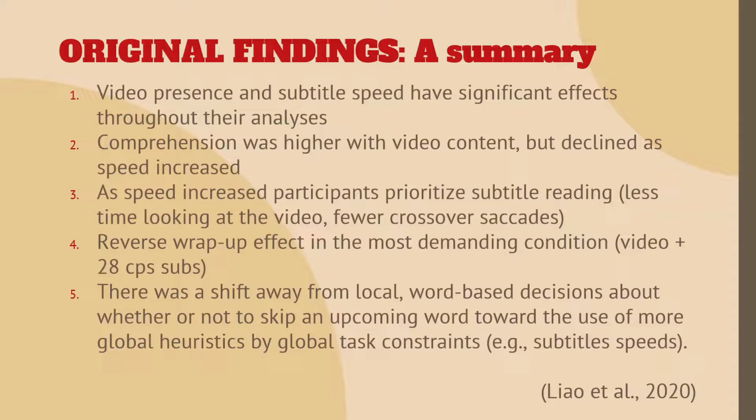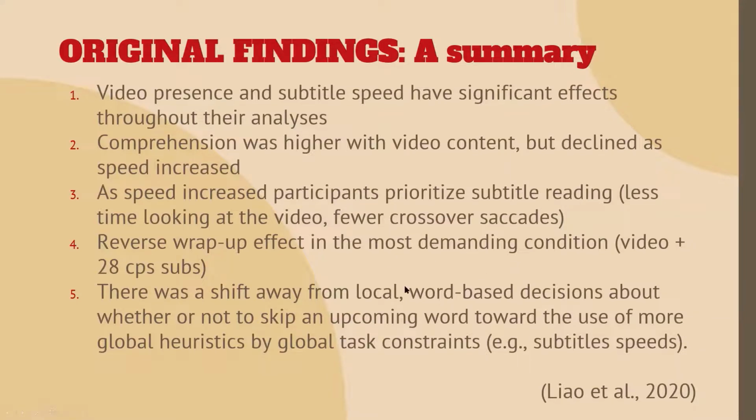Also, as speed increased, participants did prioritize subtitle reading. We saw that in that first slide where the subtitles were much higher on the graph, and there were also fewer crossover saccades, right? When the subtitles are there, especially if the speed increases, there's no time to go back to the video. And then they found what I've just described, this reverse wrap-up effect, especially when there was video and at the hardest speed to cope with.